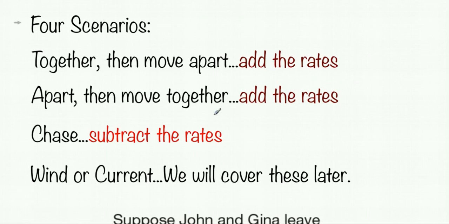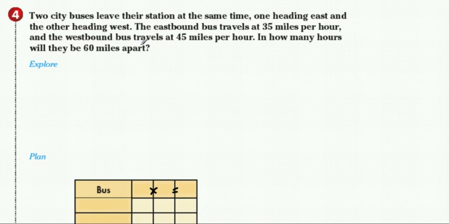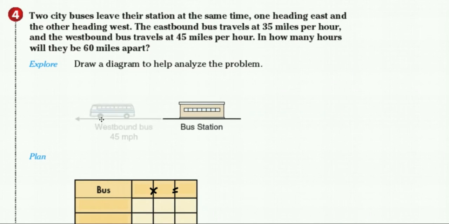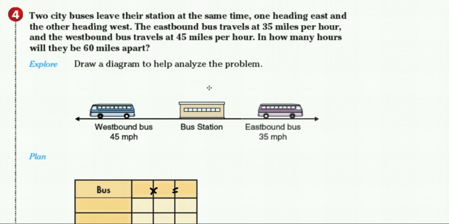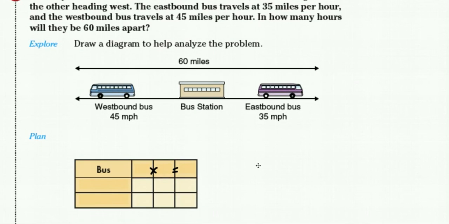Now, let's use this formula for our previous example, which is the bus. That's the westbound bus. If they're traveling in opposite directions, coming from one point, we need to add the rates. So a shortcut method would simply be this. Again, rate times time equals distance, and we add the rates now.